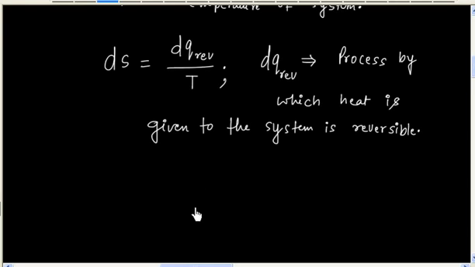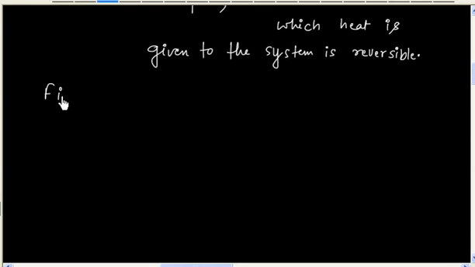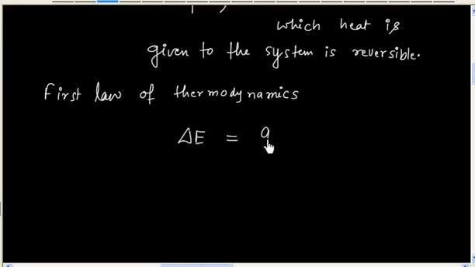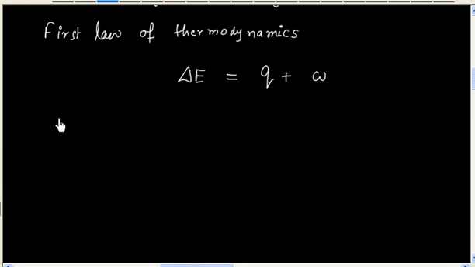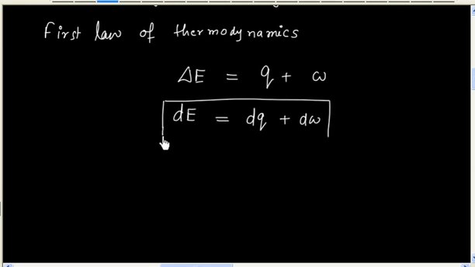Now let us apply the first law of thermodynamics. We have delta E is equal to Q plus W. We can write the same formula for a small quantity, that is, dE is equal to dQ plus dW. So this is the first law of thermodynamics for small quantities.